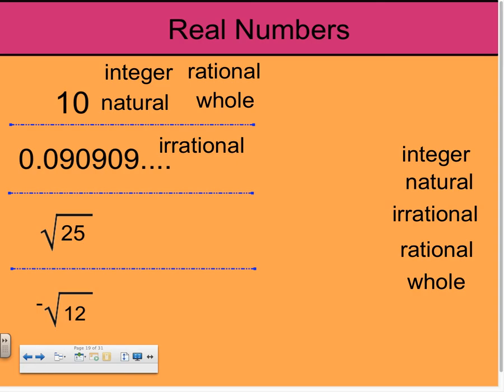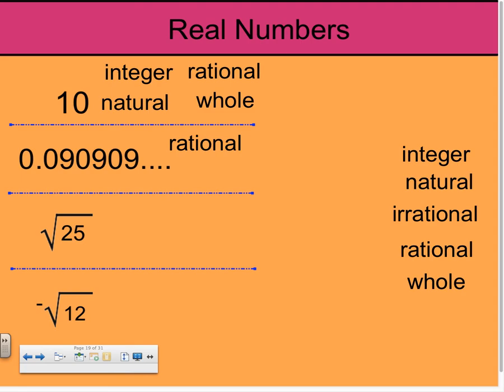Do we agree or disagree with Lay? All right, so thumbs should be down. All right, because this number is doing what? It is repeating, and if a number repeats, that makes it a rational number. But can this be an integer or whole or natural? No, it cannot.